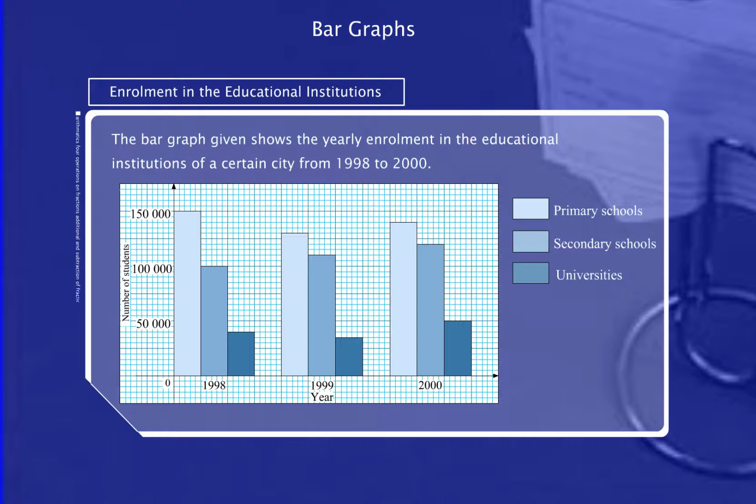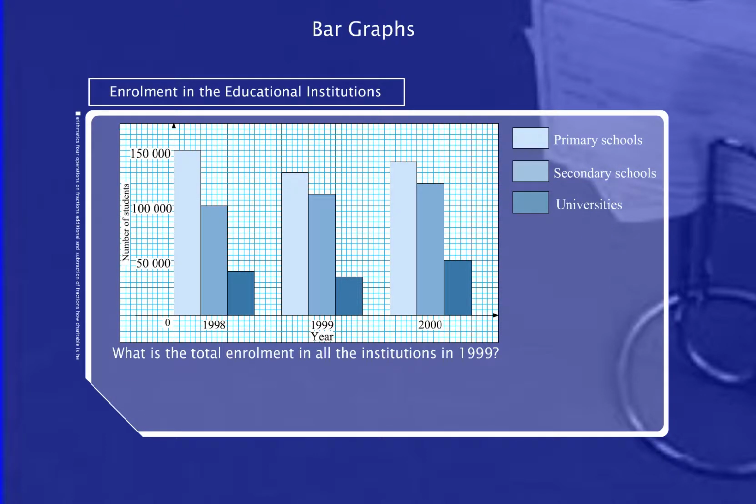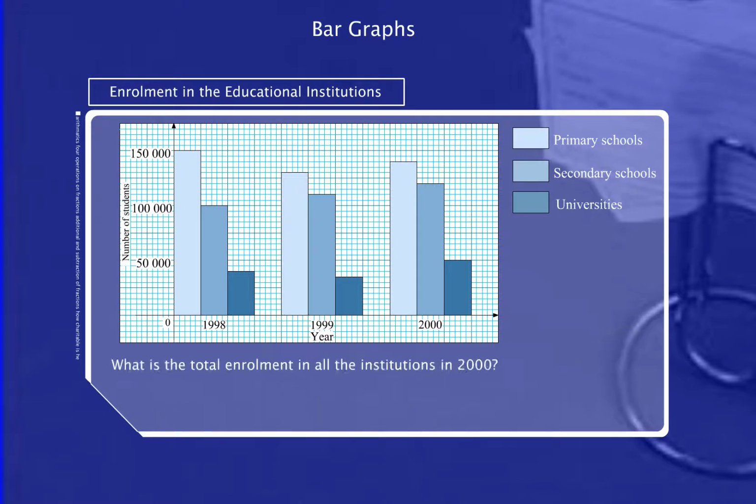The bar graph given shows the yearly enrollment in the educational institutions of a certain city from 1998 to 2000. What is the total enrollment in all the institutions in 1999? What is the total enrollment in all the institutions in 2000?